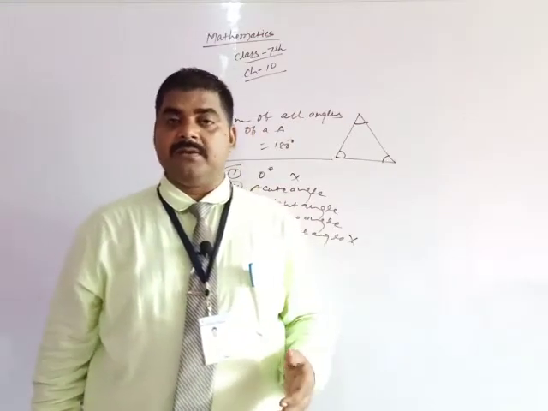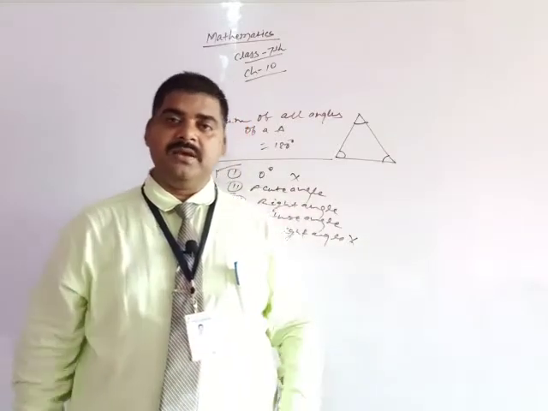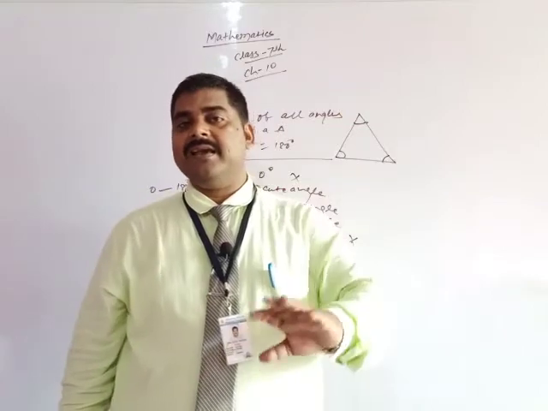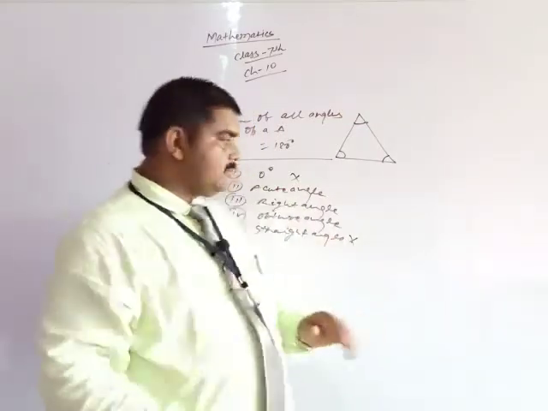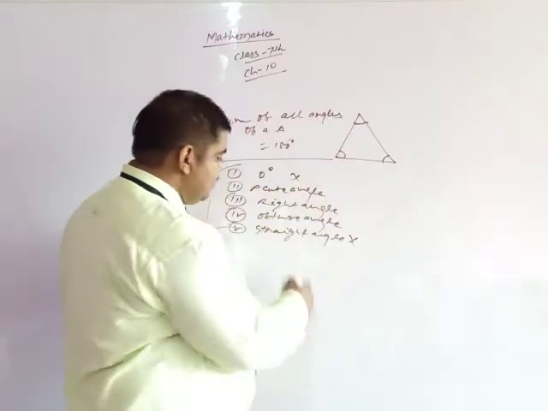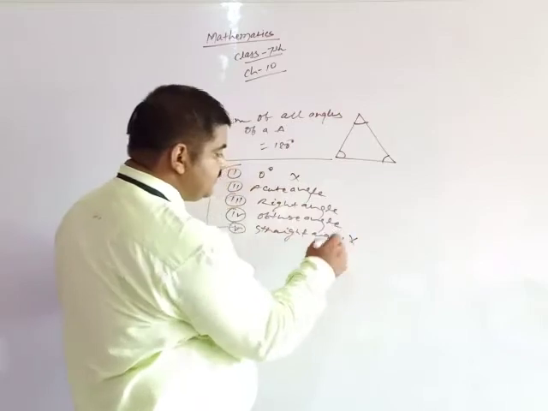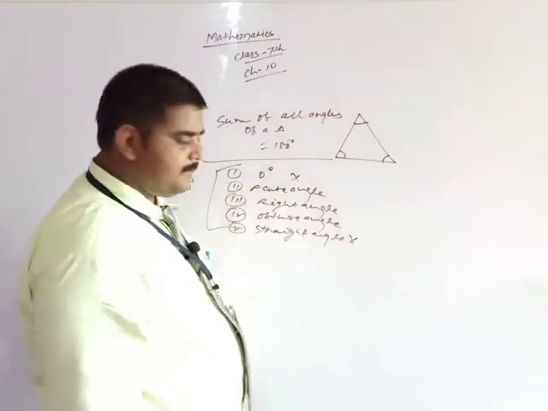That cannot be possible, because 0 degrees means there must be an open figure. So 0 degrees cannot be possible because a triangle is closed. 180 degrees is also not possible because a triangle cannot be open.